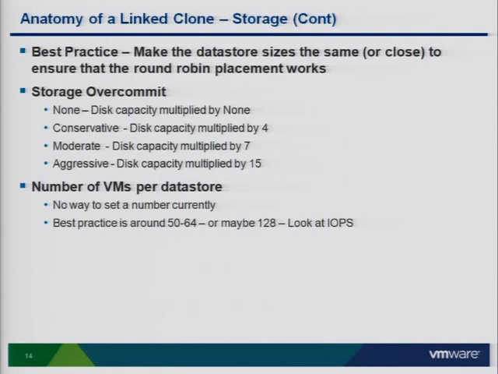Because something that happens quite frequently that causes a link clone to grow is that swap file. So if I assign a gig of memory to each of my virtual machines, and I have a swap file that's 1.5 times my memory, it's 1.5 gigs, right? And it will thin provision it. It'll get thin provisioned, so it'll grow over time as it's used, but it will definitely grow, right? So I know that if I'm going to have 1.5 gig for my swap file and temp files, I want to have a disposable disk of at least 2 gigs, right? So I have some room there for that swap file to grow. Does that make sense? Does that answer your question?